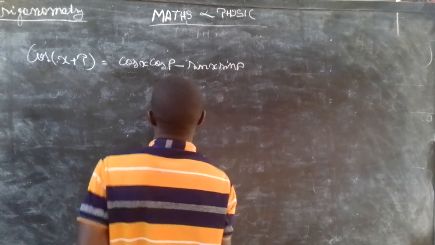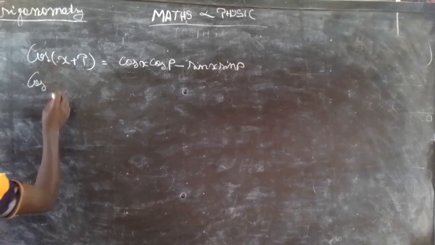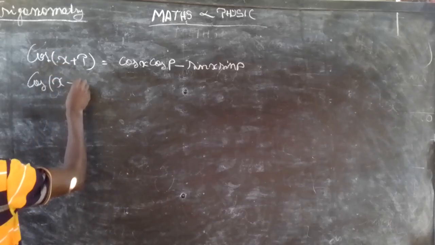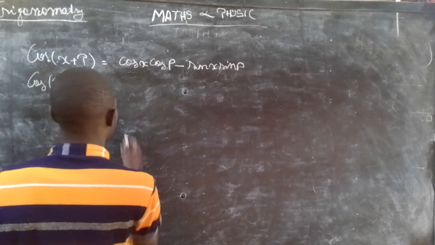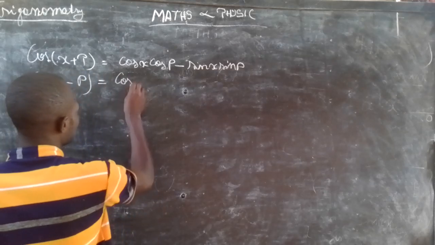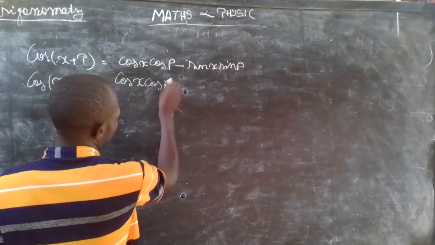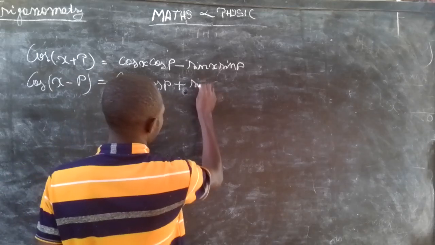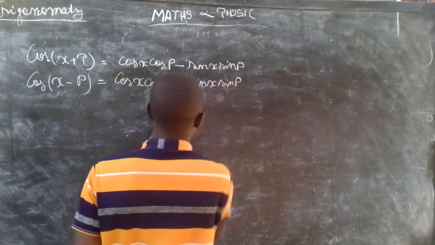So let's go to the subtraction: cosine of x minus p will be equal to cosine x cosine p positive sine x sine p.